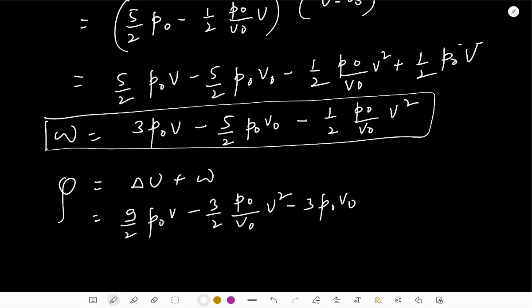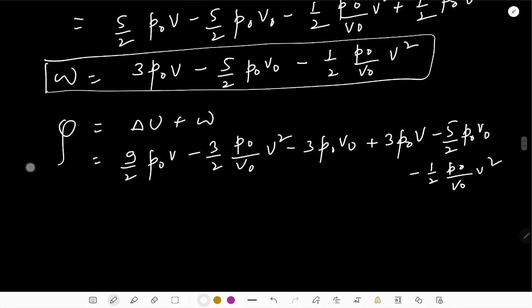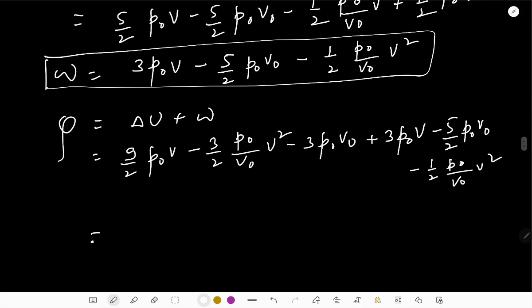And what was the expression for W? It is 3 P naught V minus 5 by 2 P naught V naught minus half P naught by V naught V square. And so I need to solve them.